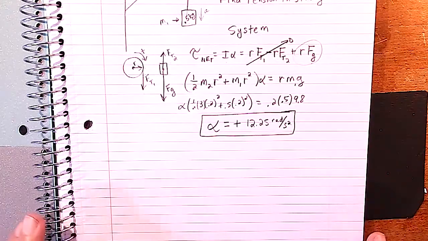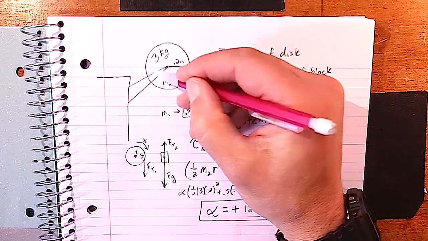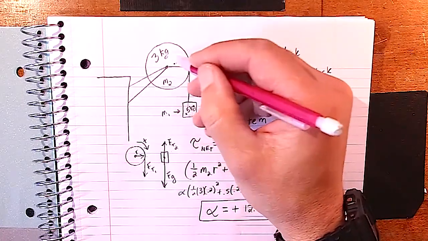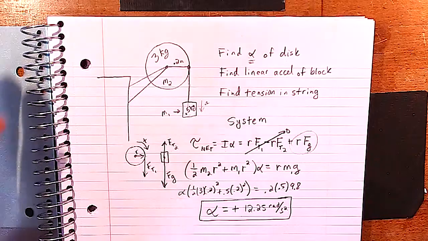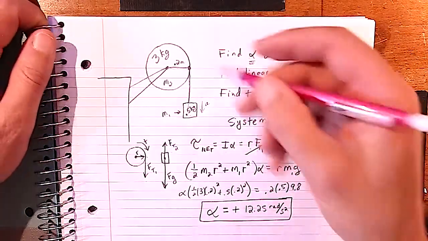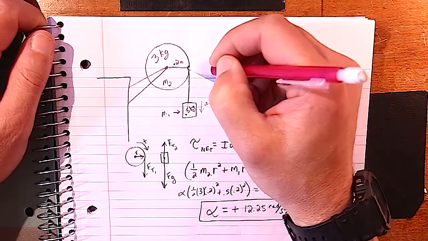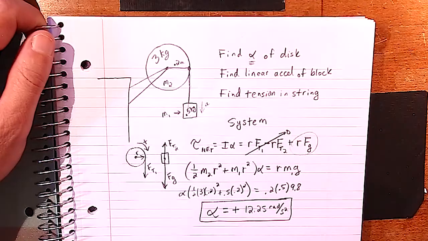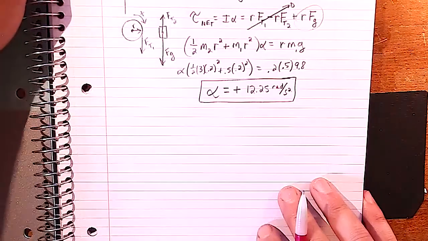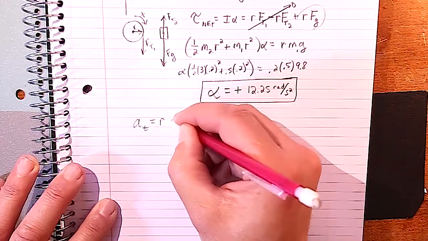Okay, so that was a lot of work, and we solved for this. So this thing is going to start speeding up. Its angular velocity is going to increase in this direction. And now we have to find the linear acceleration of the block. Well, the linear acceleration of the block is the tangential acceleration out on a point of the rim. So all we have to do for that one is just A tangential equals r alpha.